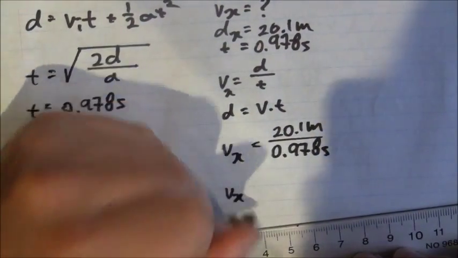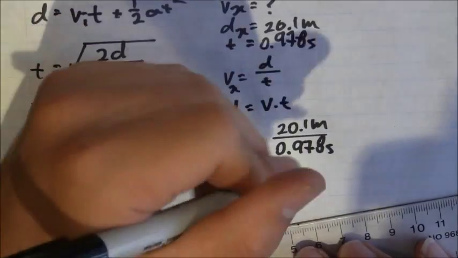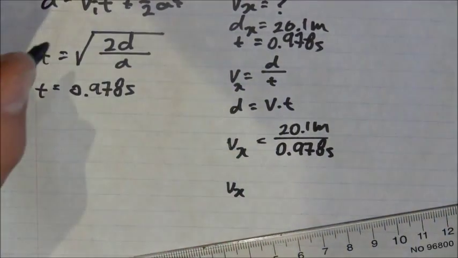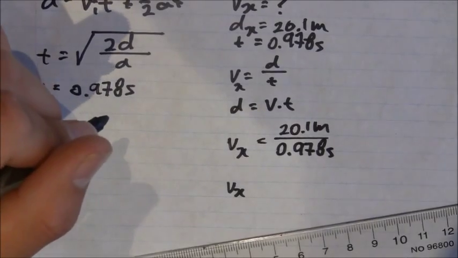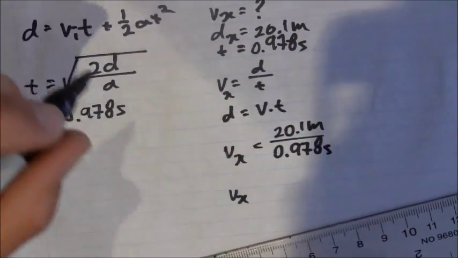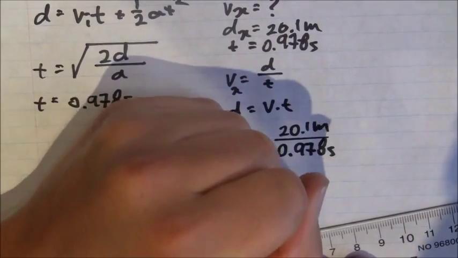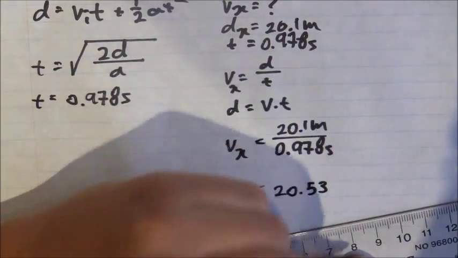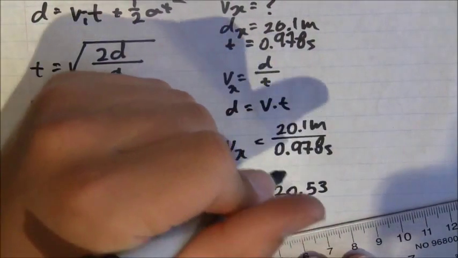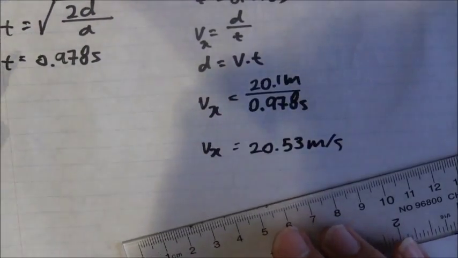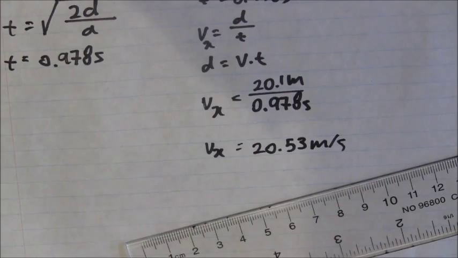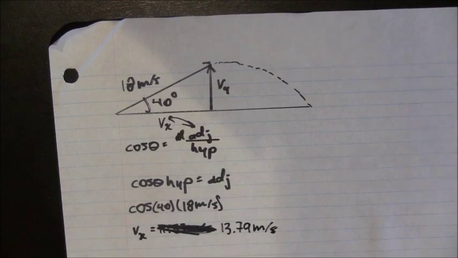So, what is v of x? Well, v of x is, I think, 20.53 meters per second. And that's how you do horizontally launched projectile questions.